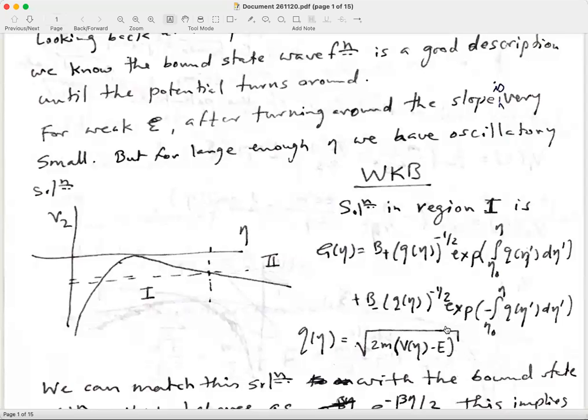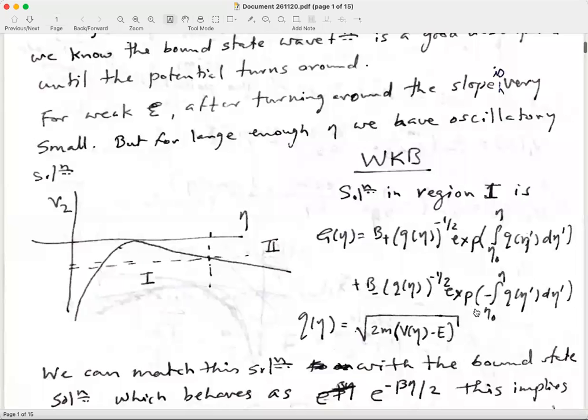So one would get a better picture of why one gets a solution of this kind by just solving a differential equation. But coming back to what we were doing, this q is basically just the square root of 2m times V of eta minus E, and that is the quantity sitting around there.